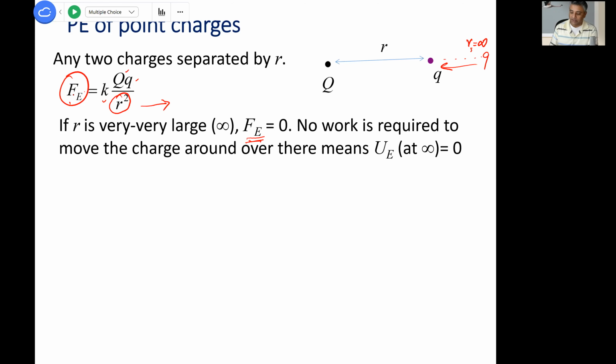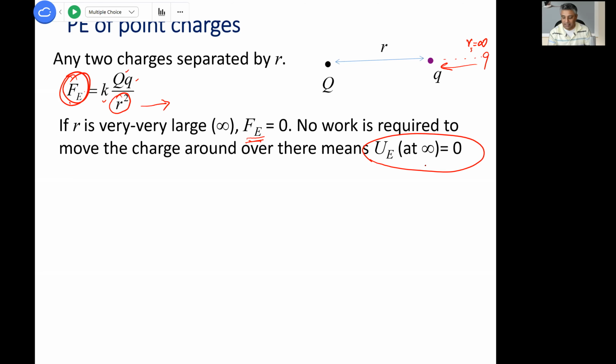Okay, so let's suppose it was really far. In that case, what happens? Force is 0. So whenever force is 0, distance is very large, and the other way around. If force is 0, you don't need to do any work to move it; the external force doesn't have to do any work.